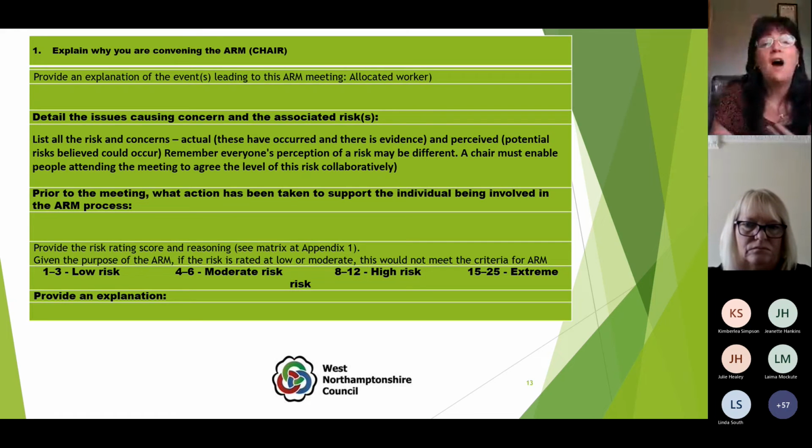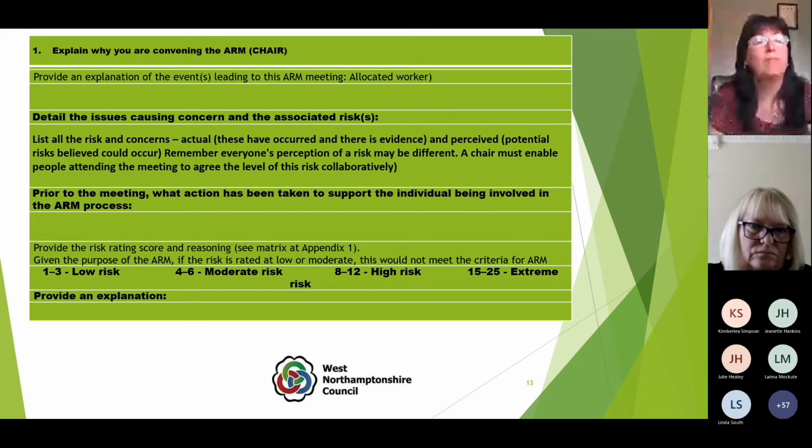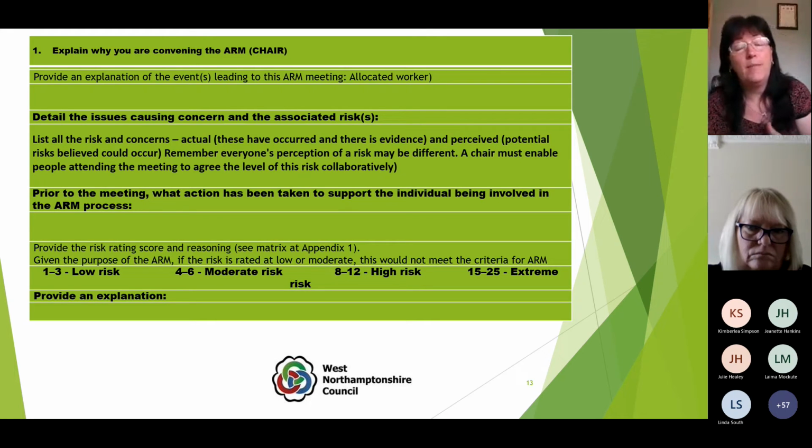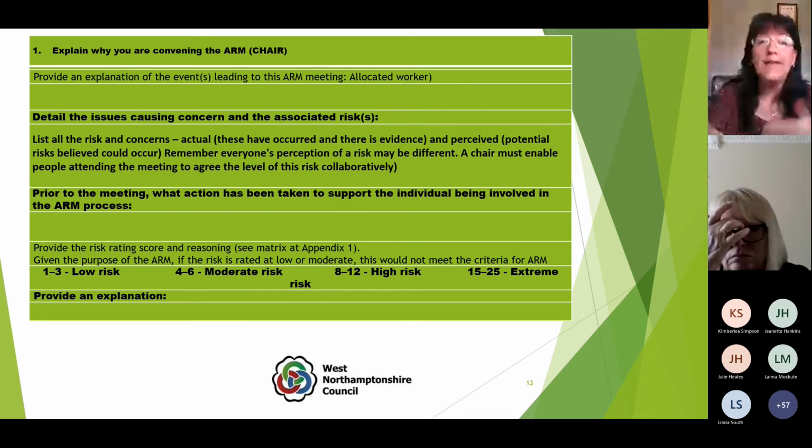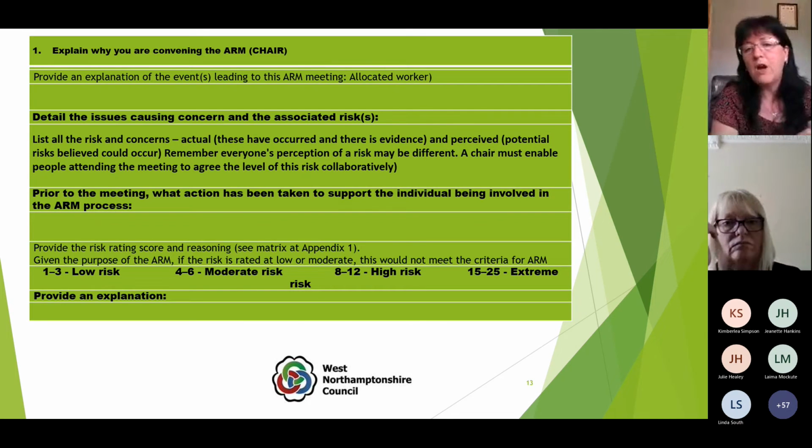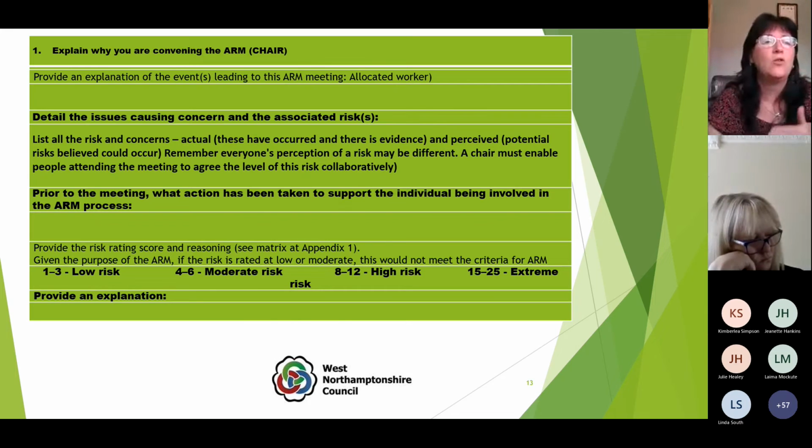Is there evidence? Are they perceived and potential risks, and believe they could occur? So again, as a chairperson, it's really important that you identify all of these. And you might have other people at the meeting that say, but we've also got this risk as well, and that's fine. You need to make sure that as a chair you're identifying all of those.